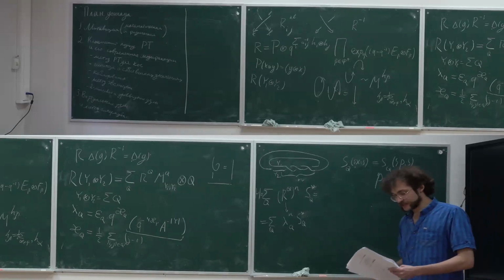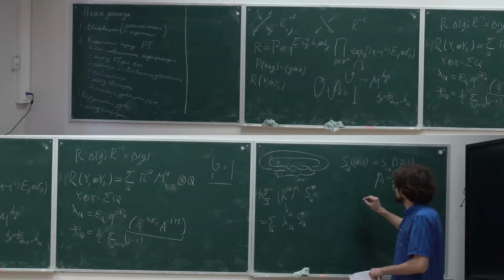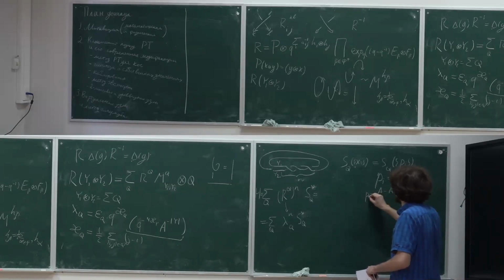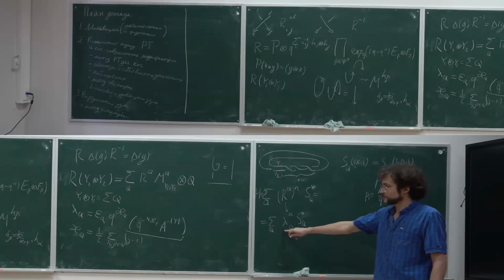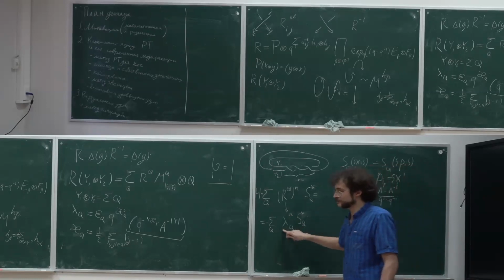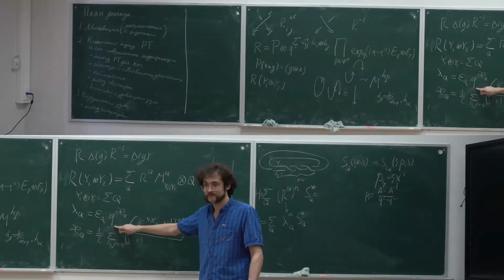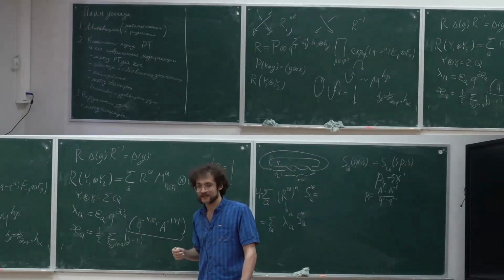But actually, if we study quantum groups, we need some specialization of these Schur polynomials, and we need to put p_i equal to the following thing. What is interesting about this formula is that this lambda basically depends only on q. Well, there is this normalization coefficient, but it's easy to get out of the formula.